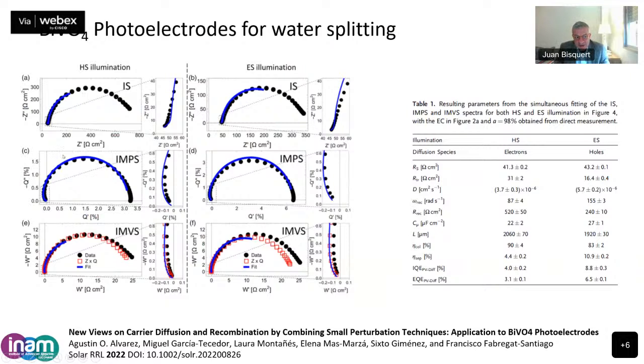You can see the IMPS going negative and also the IMVS. It means that you are detecting the diffusion coefficient of electrons in the photoelectrodes, and then you can fit all three techniques at the same time and obtain a highly reliable diffusion coefficient of electrons in bismuth vanadate.